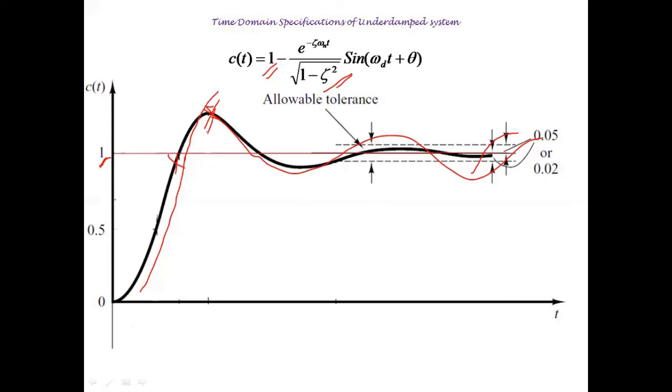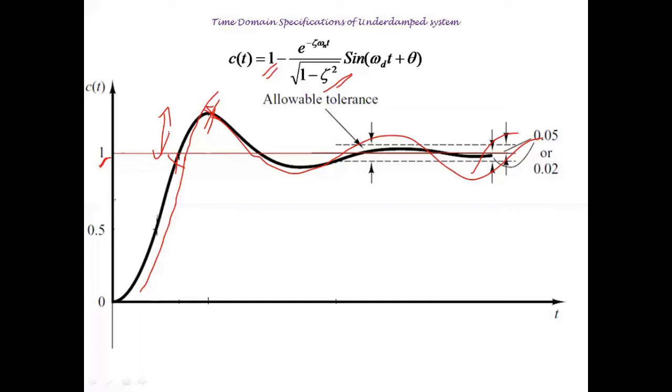The output overshoots beyond the input, and this is called the peak overshoot. We have to discuss many parameters related to this aspect, and we call them time domain specifications. So let us define each of the parameters first and then derive them.